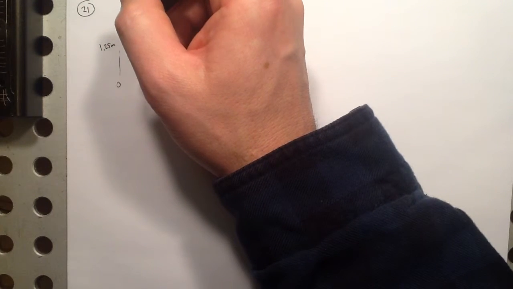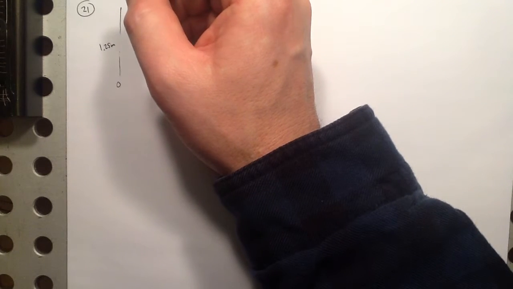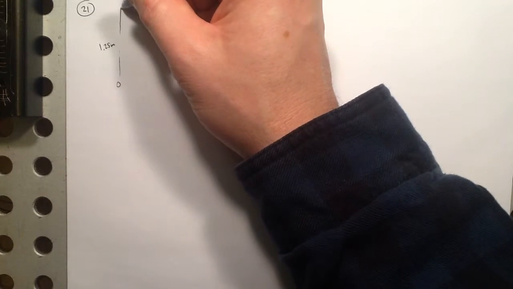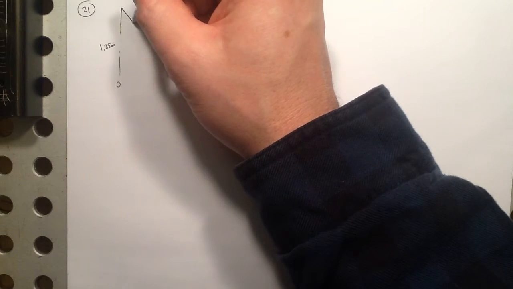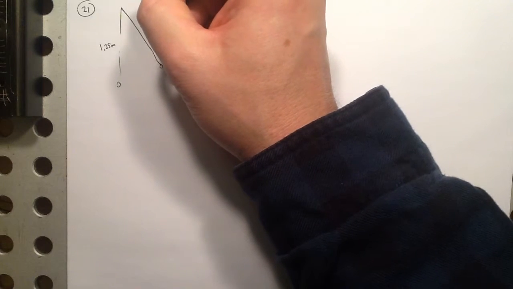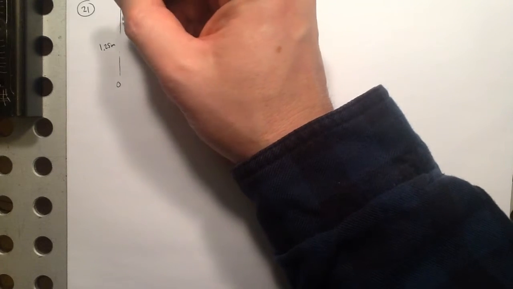Its bob, which effectively has all the mass, in other words, we're ignoring the mass of the string, has a speed v sub 0 when the cord makes an angle of 40 degrees with the vertical. So that's 40 degrees there.